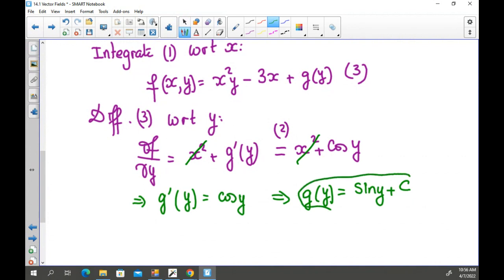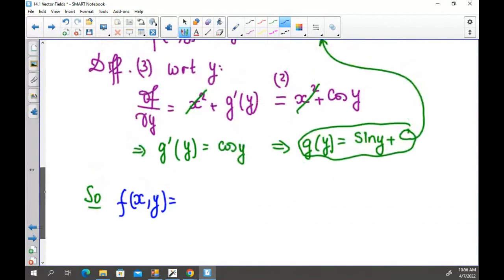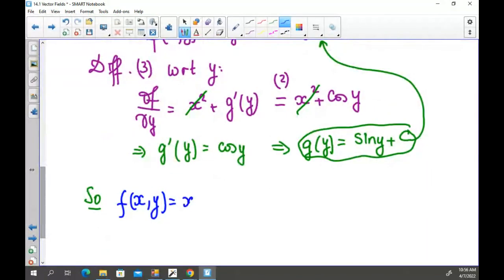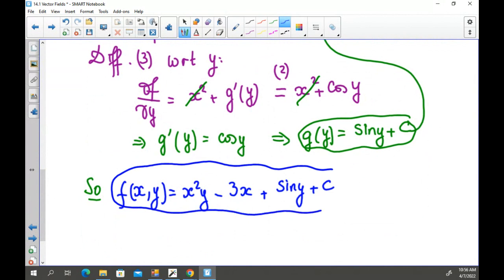Now what do we do with this? We take it back into the function. So our potential is x squared y minus 3x plus sine y plus a constant. That's it.